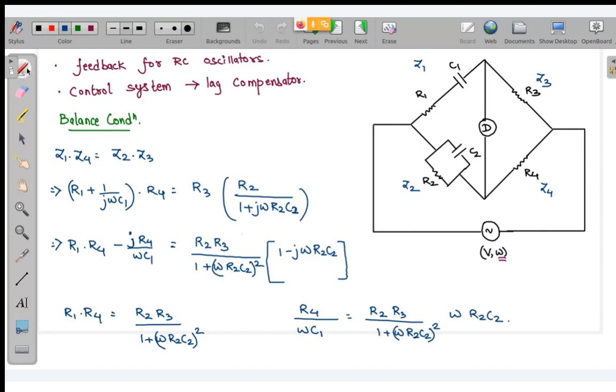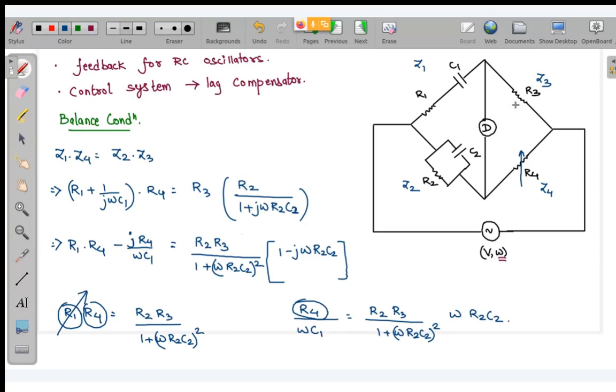Look over here, R1 is not common in these equations, it is not present over here, and R4 is present here and also here. So first we manipulate R4 and bring the bridge to the maximum position near to the balance condition, and after that you manipulate R1 to bring the bridge to the final balance position.